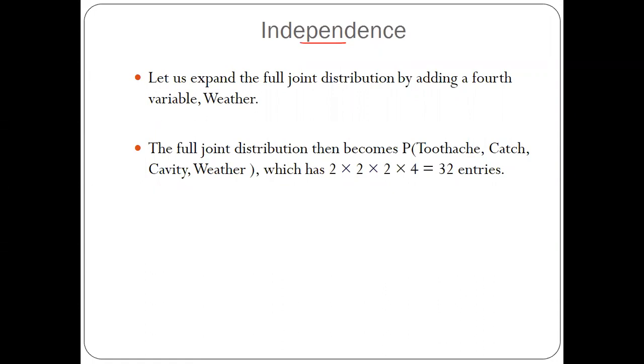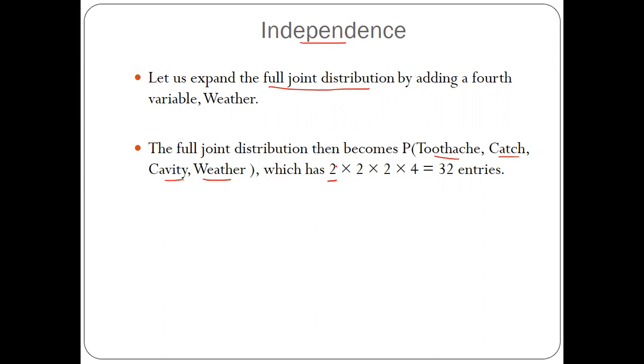Okay. So in the previous lecture, we discussed the full joint distribution with an example. There we considered three variables: toothache, catch, and cavity. Now to that, we are going to add one more variable, that is weather. Toothache can take two possible values, either true or false.